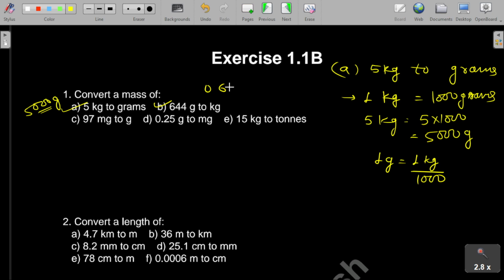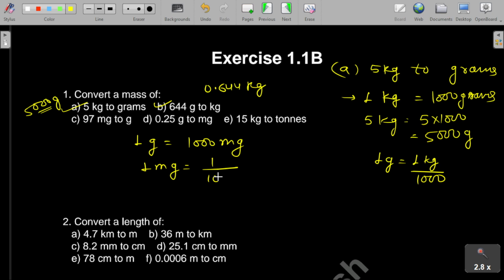Third one, 97 milligram to gram. Now we know that 1 gram equal to 1000 milligram. So 1 milligram equal to 1 upon 1000 gram.